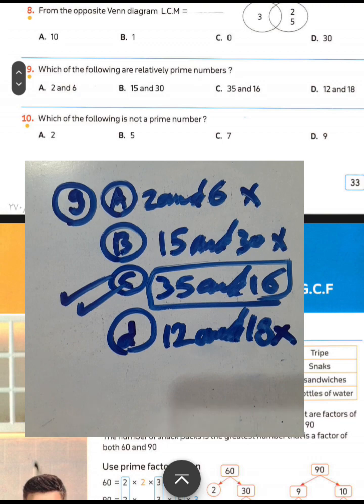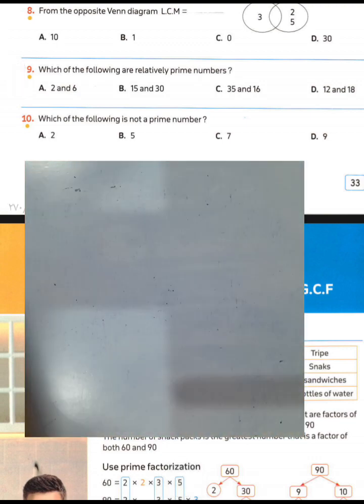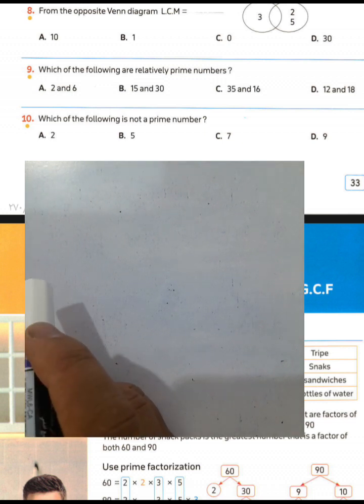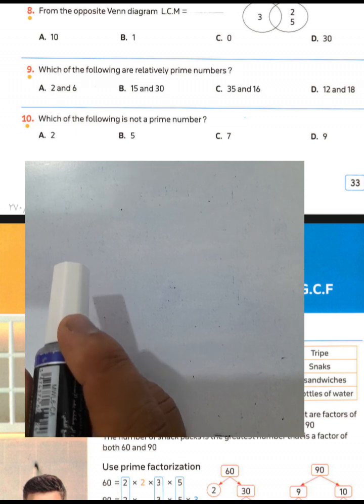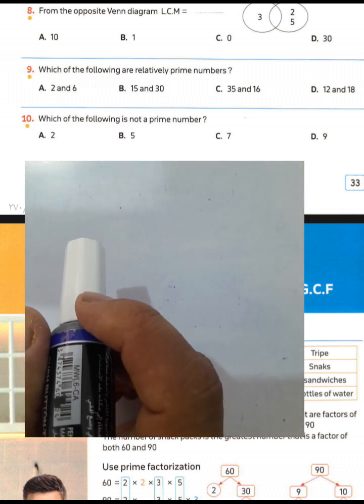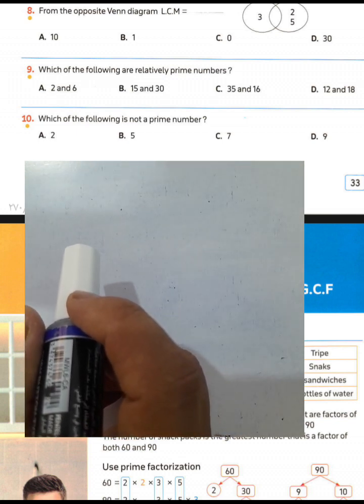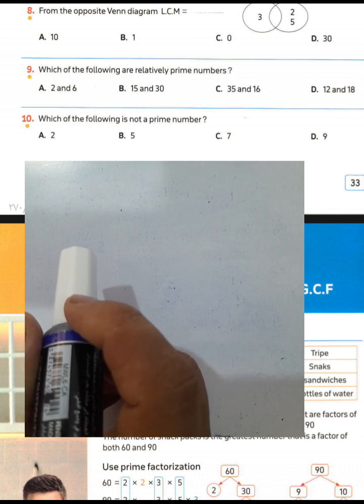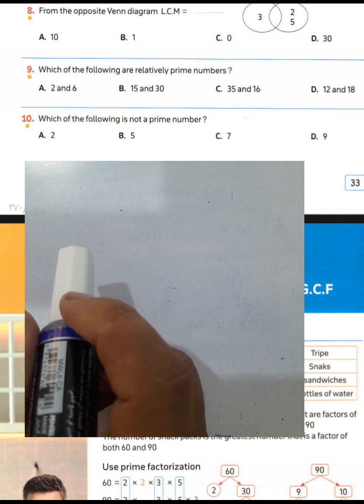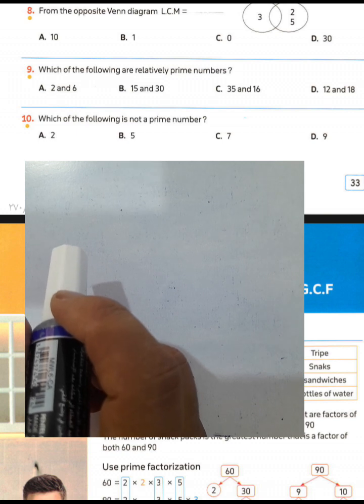Question number 10. Which of the following is not a prime number? We know the prime number has only 2 factors. It can divide by itself and 1 only, such that 2 can divide by itself 2 and 1, and 3 can divide by itself and 1.